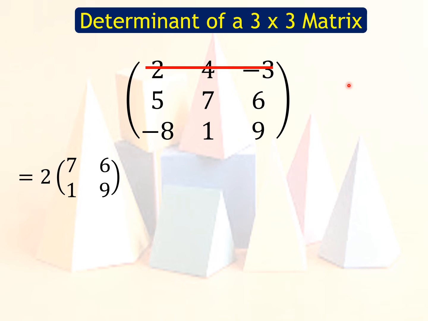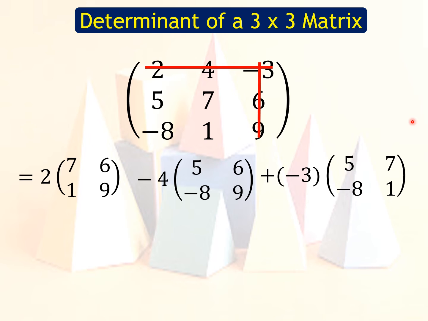So eliminate the first row and the second column. So we have minus 4 times 5, 6, negative 8, 9. And then the last one, so we have negative 3. So we eliminate the first row and then eliminate the third column. So we have negative 3, 5, 7, negative 8, 1.